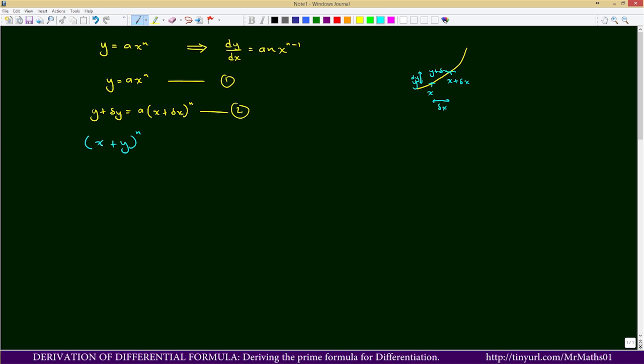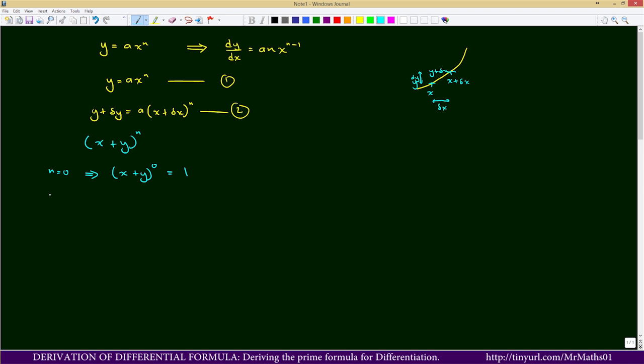I'm just going to borrow variables x and y for a while, for any given integer value of n. If n is equal to 0, then x plus y to the power of 0 is obviously equal to 1, because any real number raised to the power of 0 equals 1.